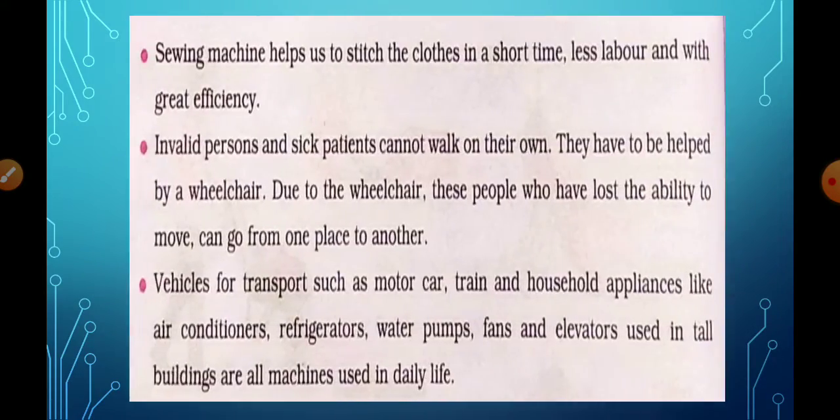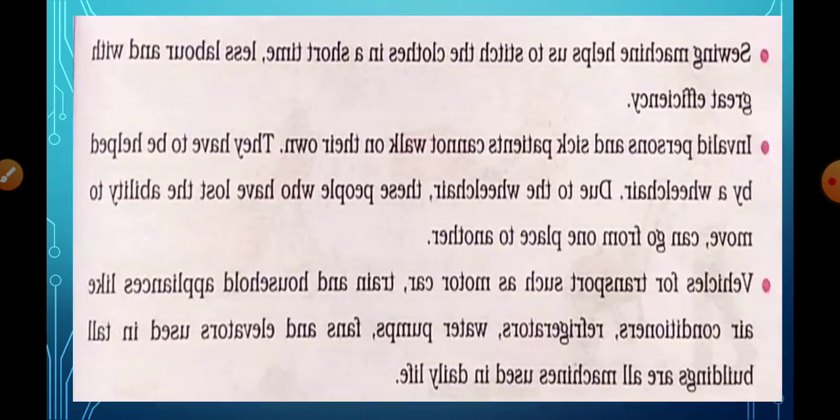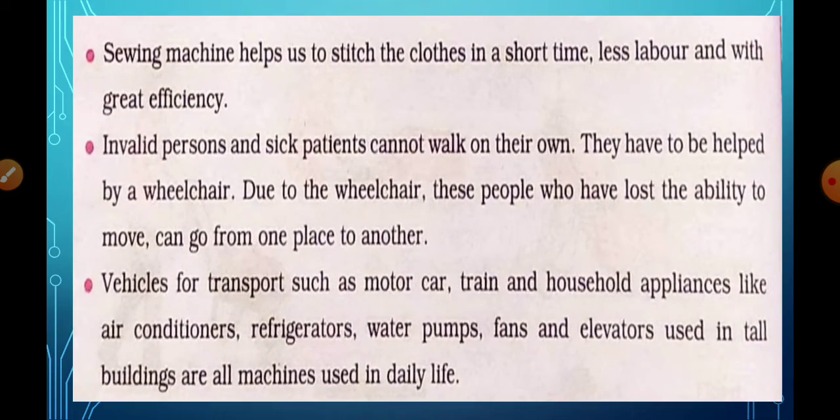Next question. Next answer. A sewing machine helps us to stitch cloth in a short time, with less labor and with great efficiency. Next point, invalid persons and sick patients cannot walk on their own. They have to be helped by a wheelchair. Due to the wheelchair, these people who have lost the ability to move can go from one place to another.